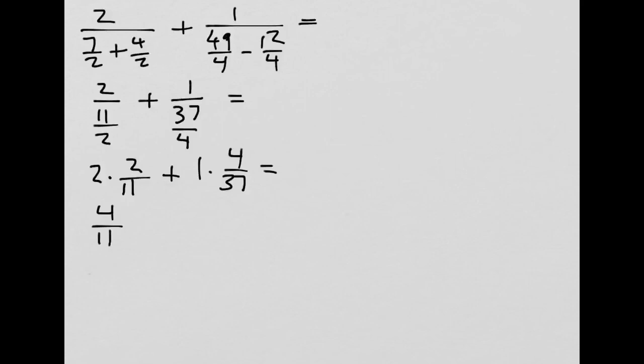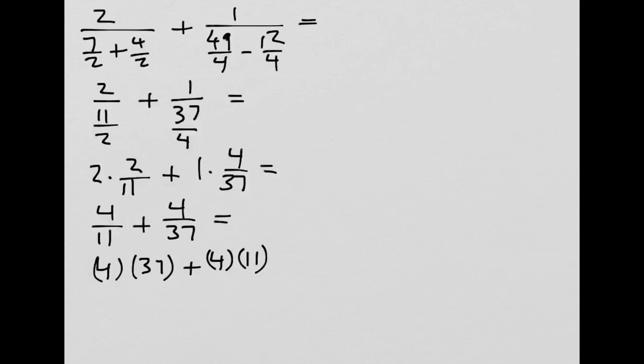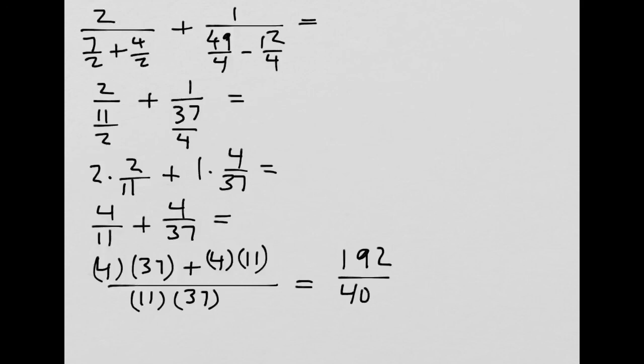That's 4 over 11 plus 4 over 37, which is equal to 4 times 37 plus 4 times 11 divided by 11 times 37. 4 times 37 plus 4 times 11 is 192 divided by 11 times 37, that is 407.